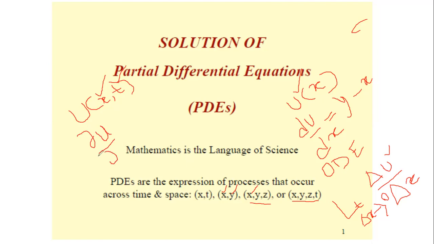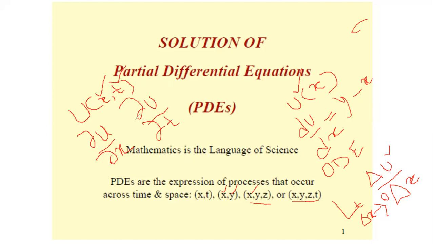Del u upon del x as well as del u upon del t. So what it means is that del u upon del x is simply how quickly the function u changes with x, and del u upon del t is the rate of change of u with respect to time.